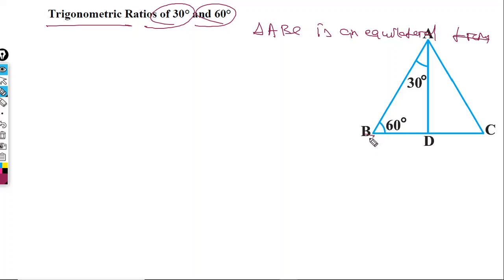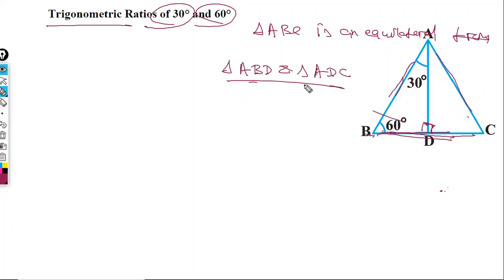As ABC is an equilateral triangle, therefore the lengths of AB, BC and AC must be the same. And we have drawn AD perpendicular to BC. Now you see there are two right angle triangles, triangle ABD and triangle ADC.